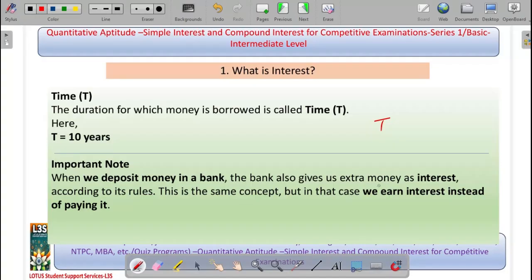In case of a loan we have to pay the extra money, and if we deposit money in a bank, we earn that interest. In both cases we can use our formulas for simple interest and compound interest, which we will discuss in the next slides. Also, it need not be from a bank; it can be from any individual or other entity, and the same principle will be followed.